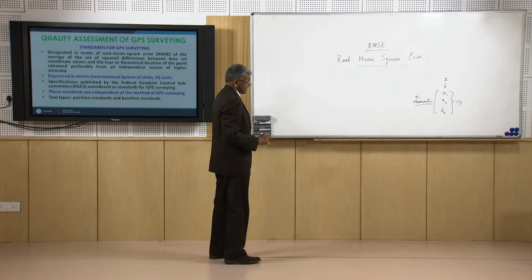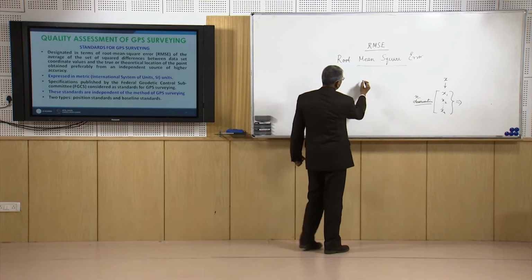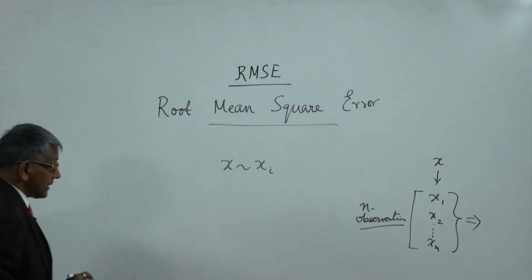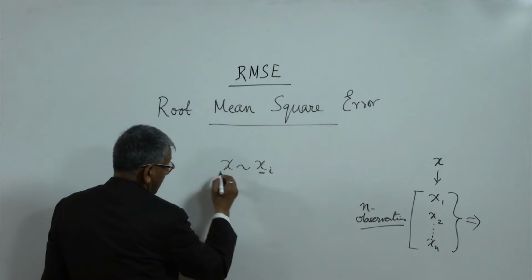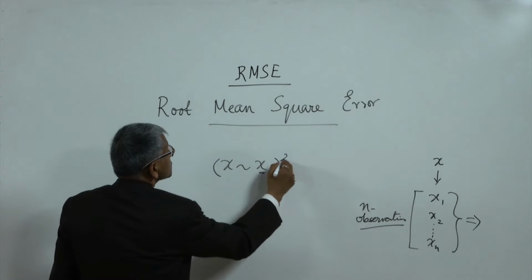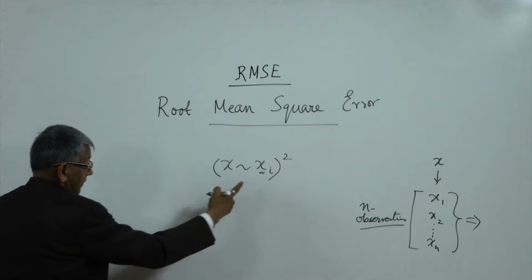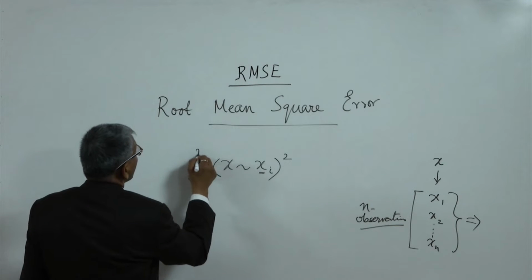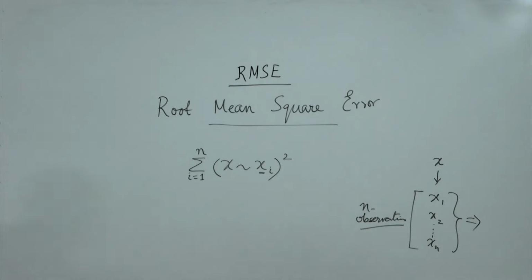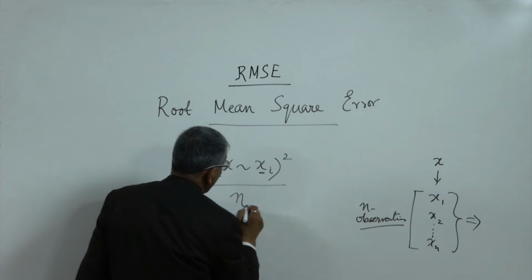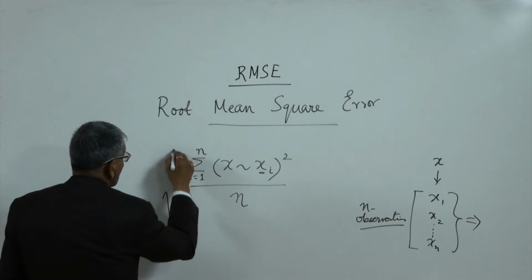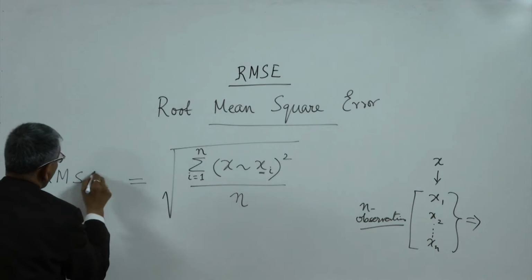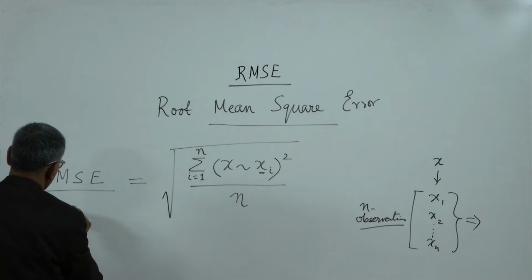We can find it by using a relation like this: x minus xi, the difference of the observed value from the true value, squaring it, then adding all the squares for all the n observations and taking a mean, and then the square root of this. That is the root mean square error of the observations.